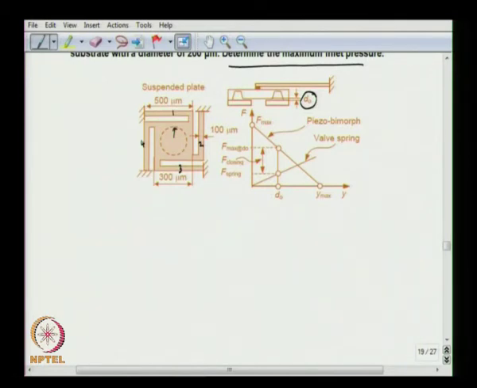This is the spring force of the valve, and this is the force that is coming from the piezo bimorph. So, the spring constant of the valve seat is modeled as 4 different beams. So, we can find the spring constant as 4 E W T cube divided by L cube.